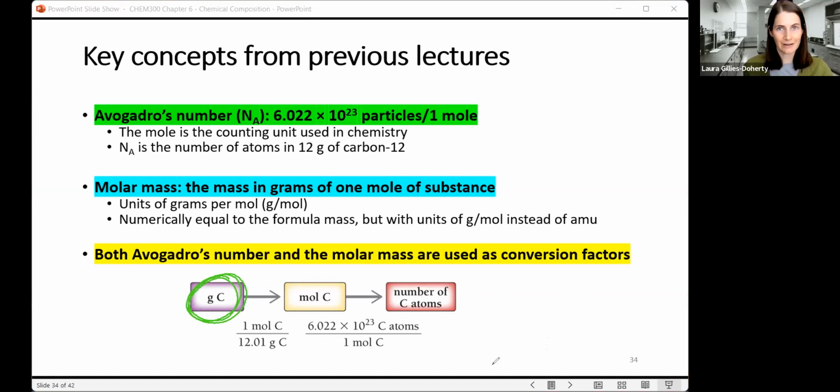And since we can't count atoms and molecules one by one in the lab, they're so tiny, we take the mass and then we use conversion factors such as the molar mass and Avogadro's number to convert from how much we weighed to how many atoms or molecules we have there. We're going to extend that by now being able to also convert from number of atoms or molecules to numbers of atoms or molecules of a substance using the chemical formula as a conversion factor.